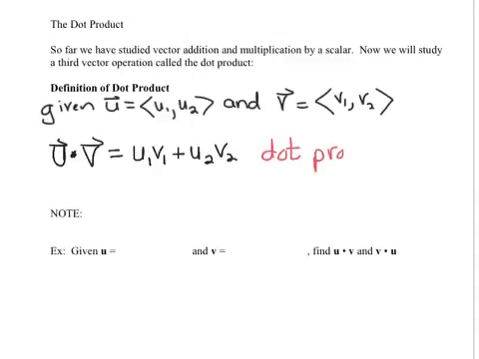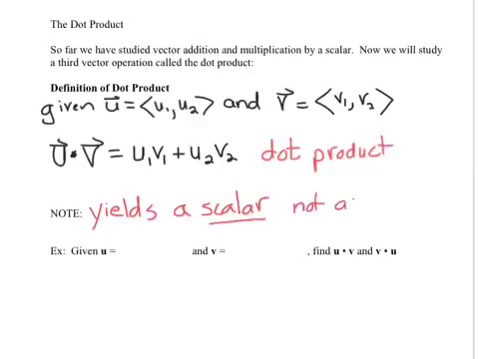Only this is much easier because we're just multiplying corresponding terms and then adding them together. Well, what we get when we get done is a scalar. We get a single number out of it. It's like the inner product with matrices. It yields a scalar. So the dot product takes two vectors and creates a scalar as an answer, not a vector.